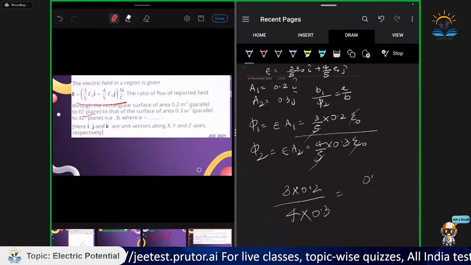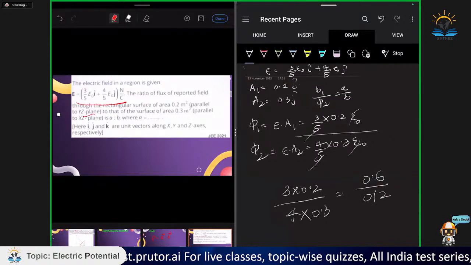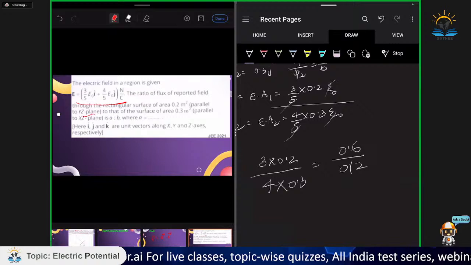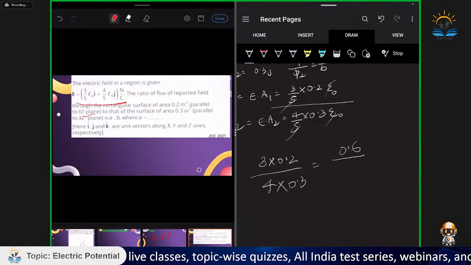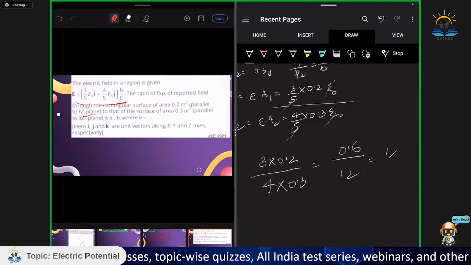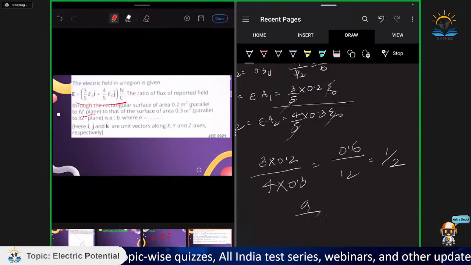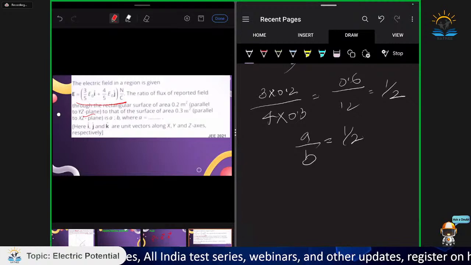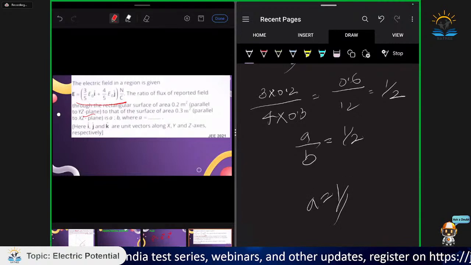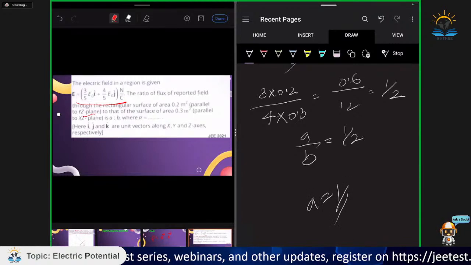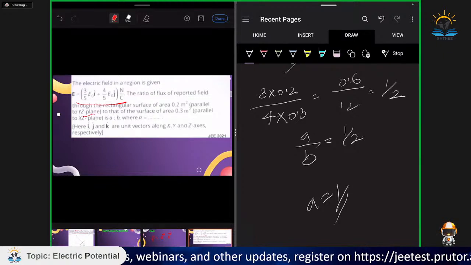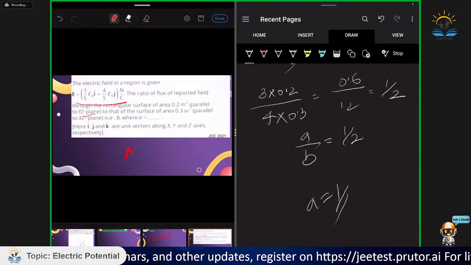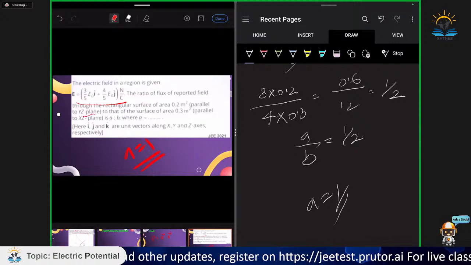That is 0.6 divided by 1.2, which is actually 1 by 2. A by B is 1 by 2, so A is how much? A is 1. So A is easy.